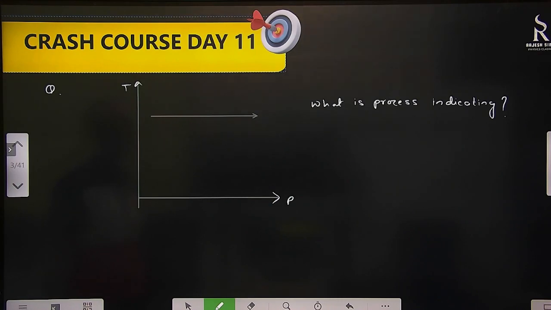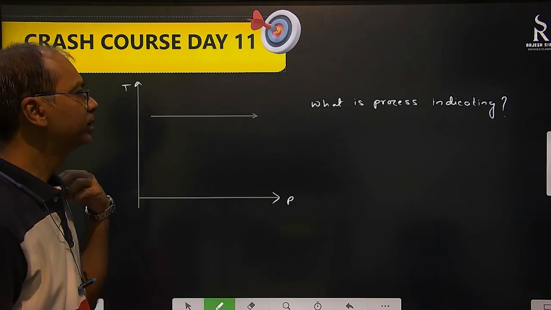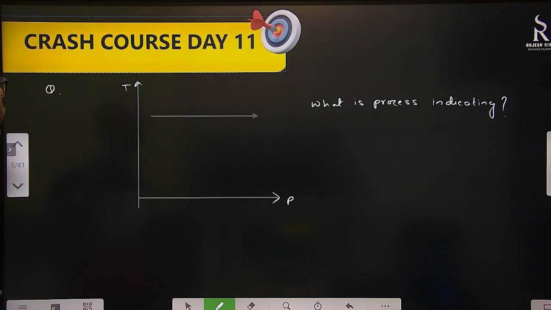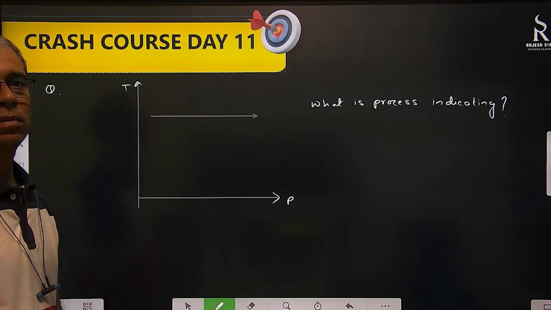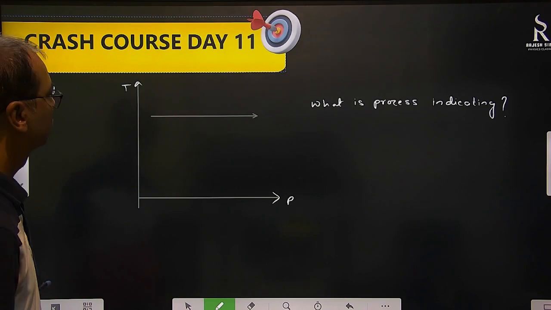Here it is, the TP graph. In TP graph you can see this is the process. What is constant here? The temperature is constant.